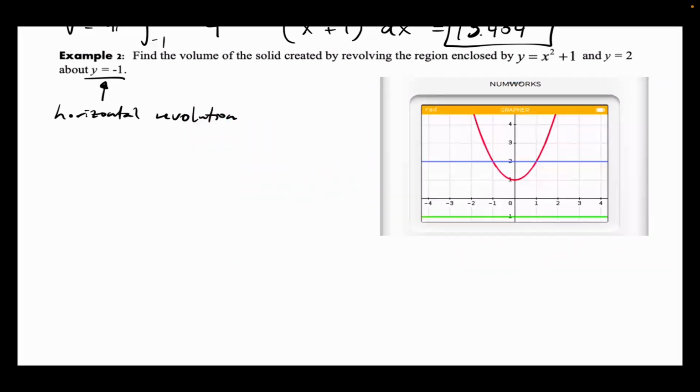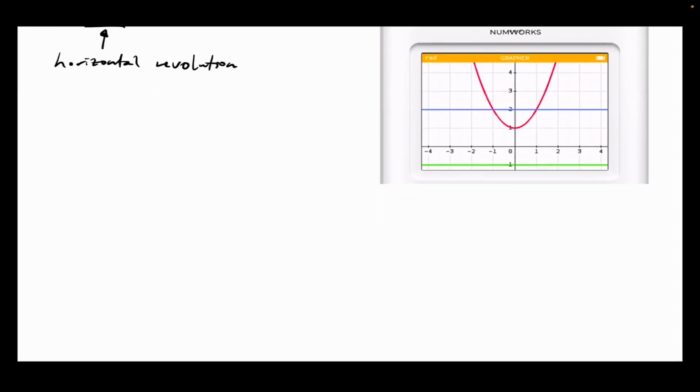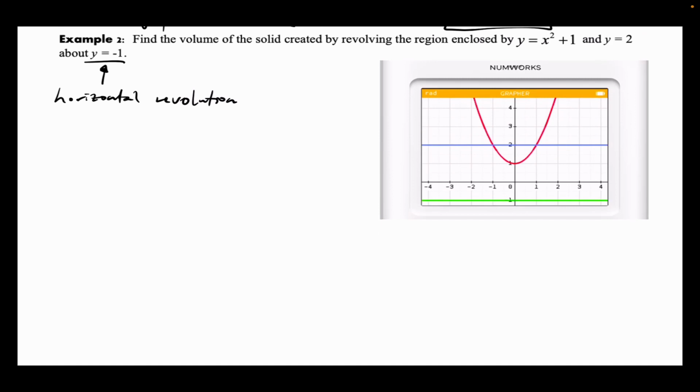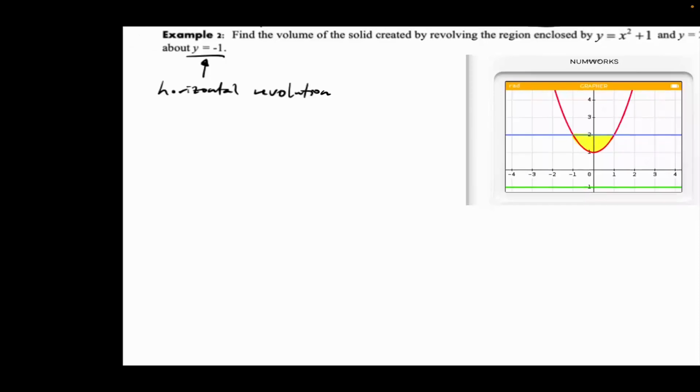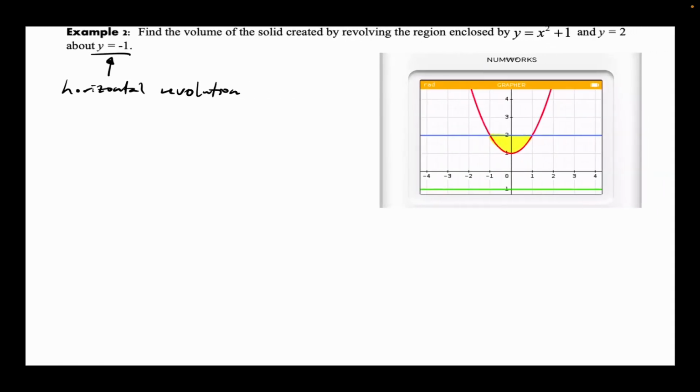So the area is still the same. The bounded region is still the same. The only difference is the axis of revolution moved down 1.